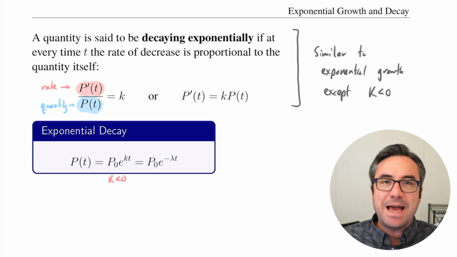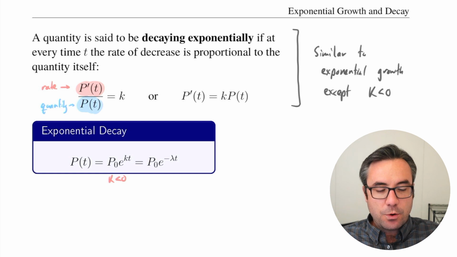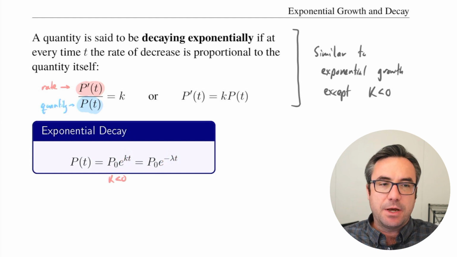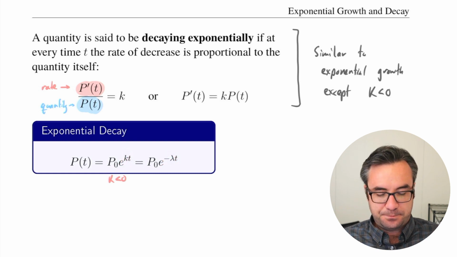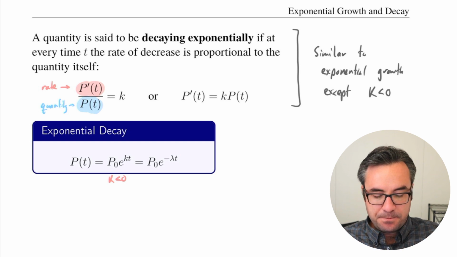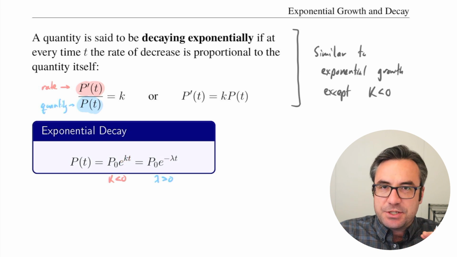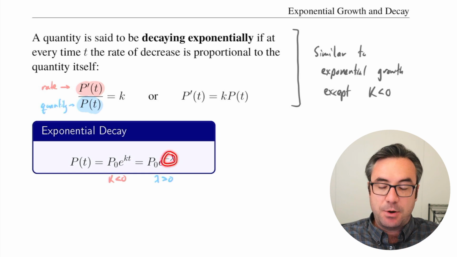So to really emphasize this, we're going to rewrite it a little bit. We're going to write this as P0, so that part will stay the same, and then in our exponential factor, we're going to rewrite that k as negative lambda, and lambda here is going to be positive.